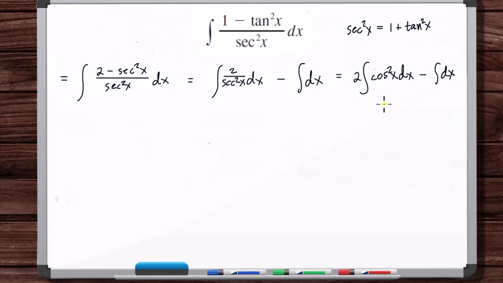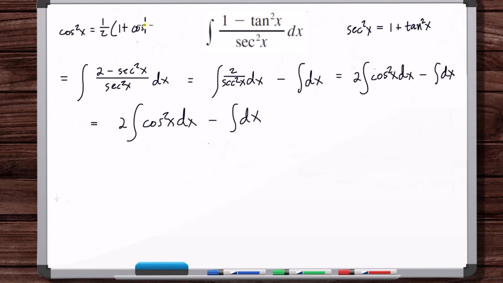And we know how to solve cosine of x to any power. We use, so okay, let's write this out. We use the half angle identity. Cosine squared of x is 1/2 (1 plus cosine 2x).